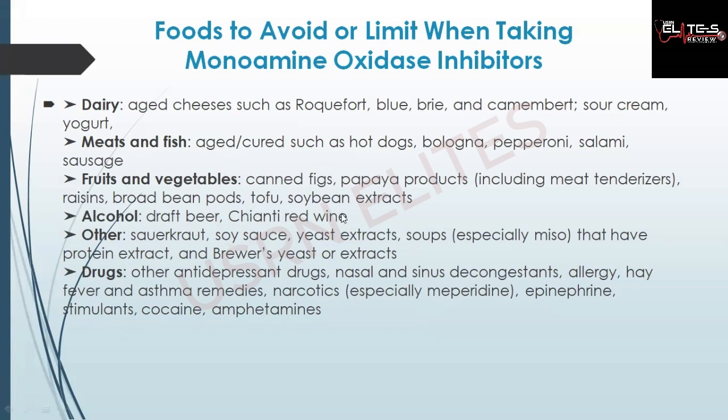Wine too. Wine and beer are likely to contain what? Alcohol. So this is an example. Then we have some others that you shouldn't take when you are taking monoamine oxidase inhibitors. Look at them, they are plenty here. These extracts, all of these things. Then these are the drugs.